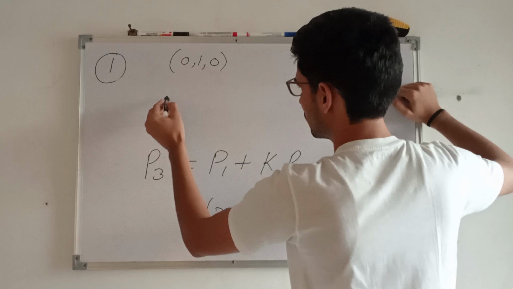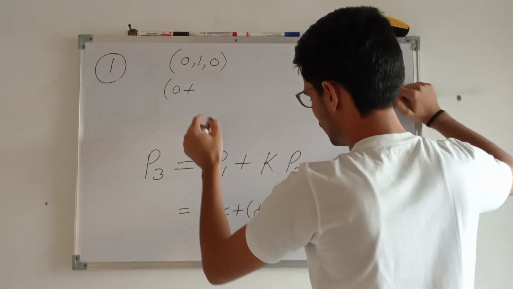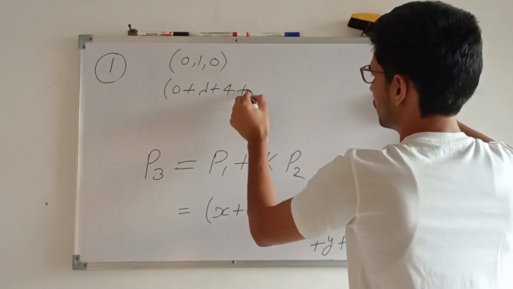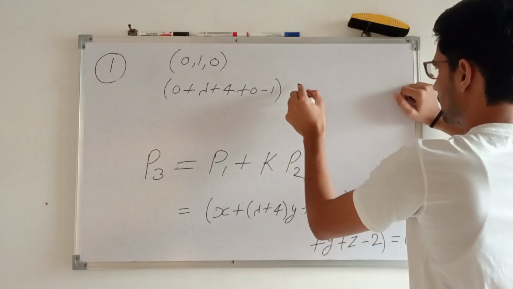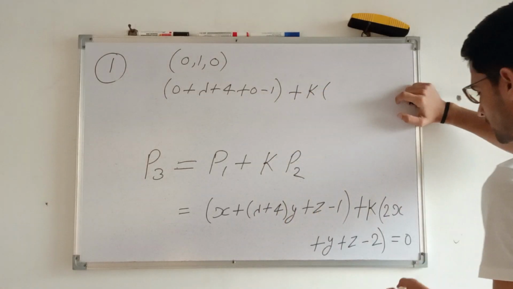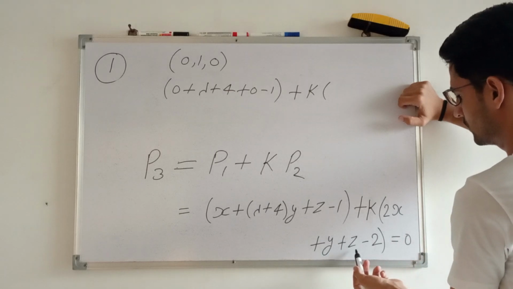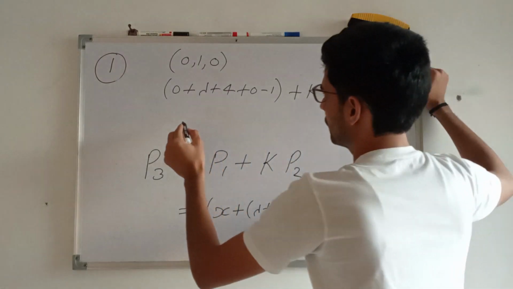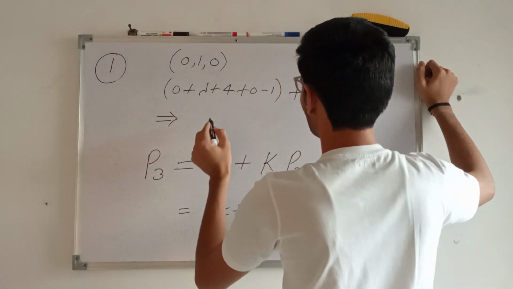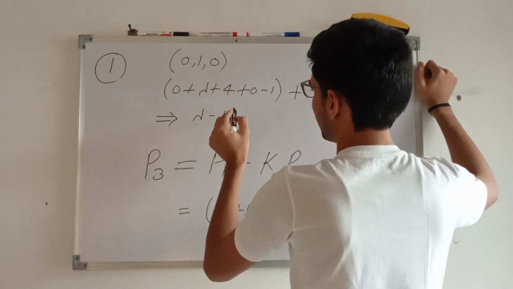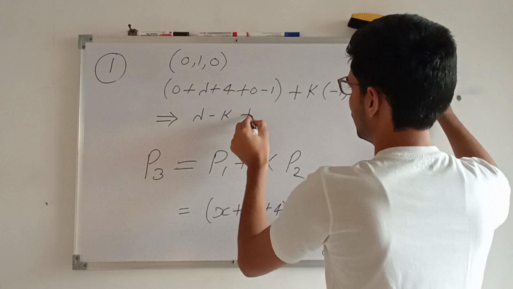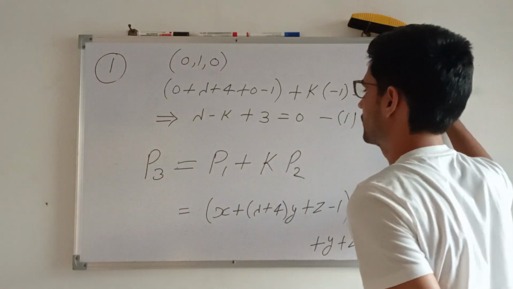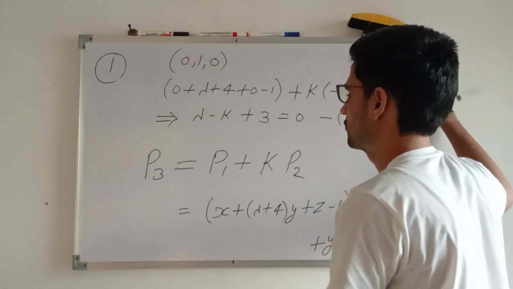So we will get 0 plus 1, so lambda plus 4 z is 0, minus 1 plus k into 1 minus 2, which becomes minus 1. Simplifying this equation, we get lambda minus k plus 3 is equal to 0. This is equation number 1 when it passes through this point.